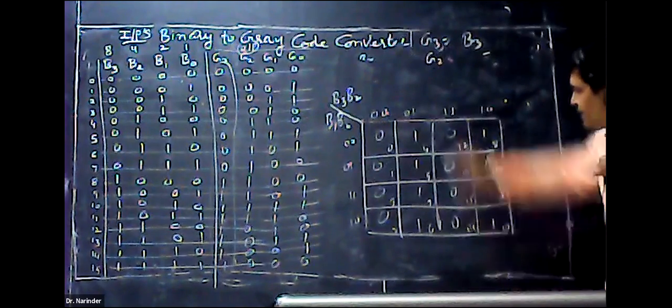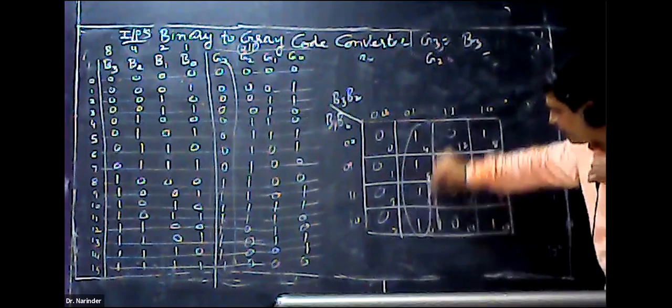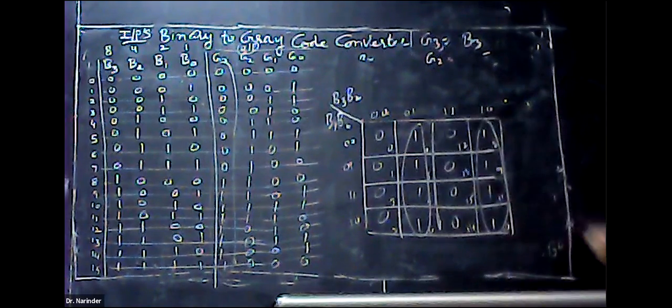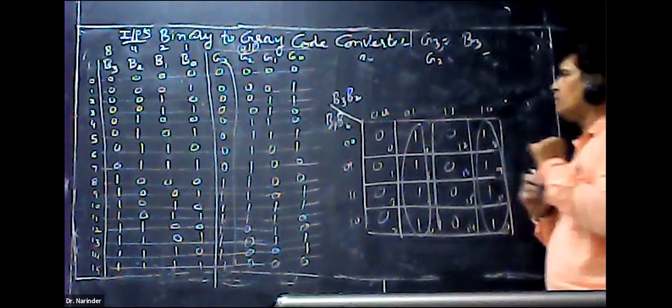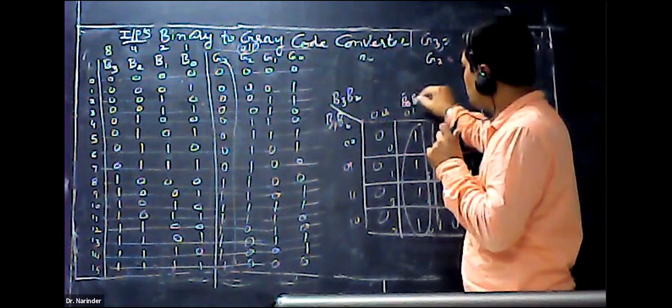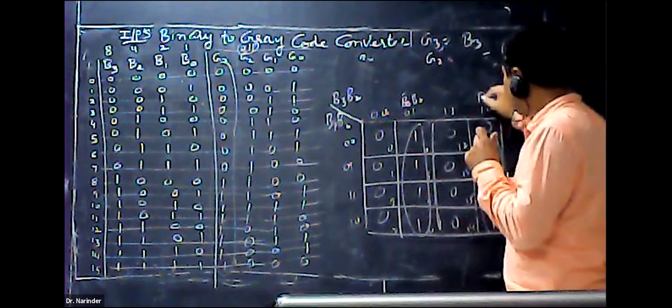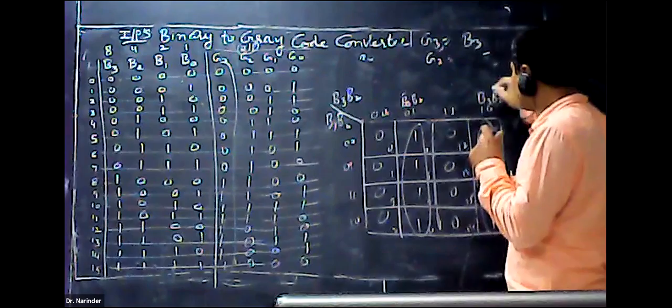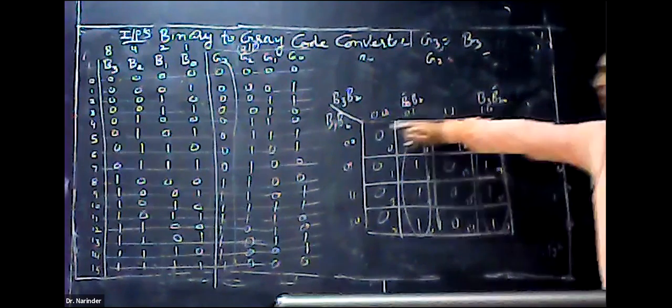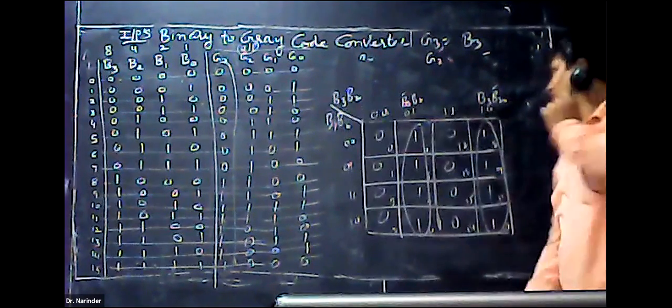So here you can see you can make one group. You can make a quad of 1s here. Here you will get B3 bar B2. Here you will get B3 B2 bar. Now vertically all get struck out.